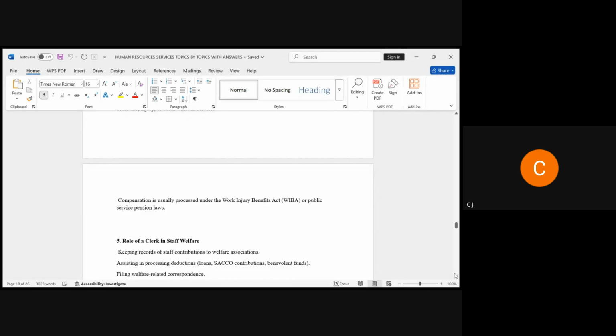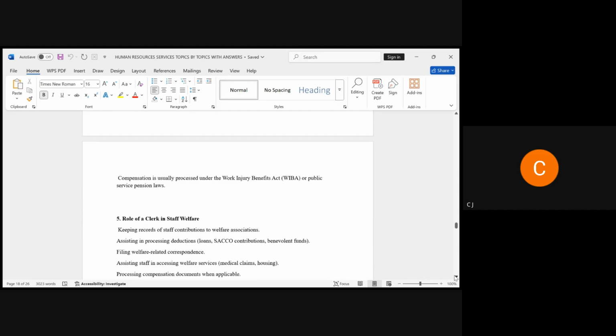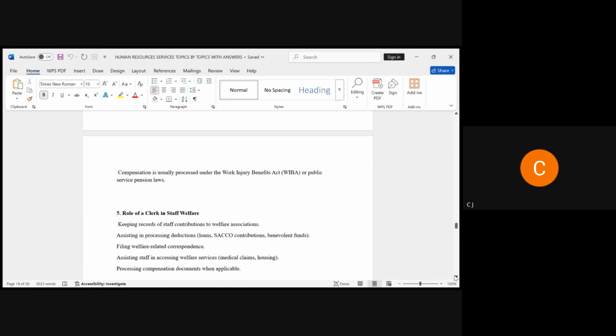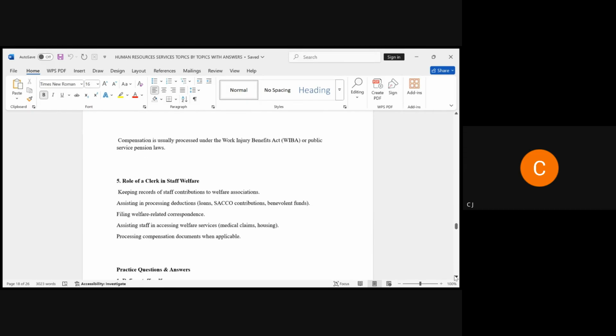Hii benevolent fund huwa nakatwa na SACCO. SACCO inanikata monthly. Filing welfare related correspondence, assisting staff in accessing welfare services, medical claim, housing, processing compensation document when applicable.